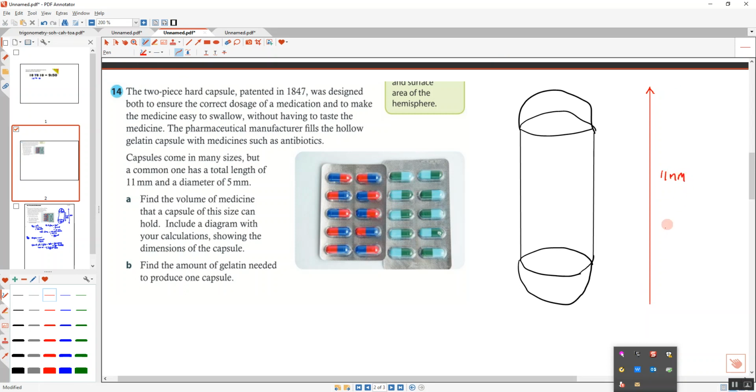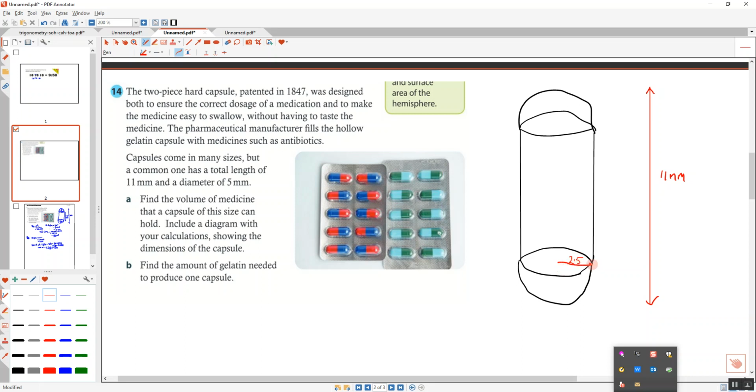Millimeters, not meters. We are also told that the diameter is 5 millimeters. So if I go down here, I can put in the diameter is 5, so that means the radius is 2.5.